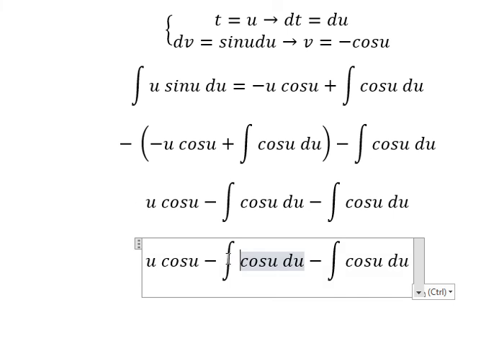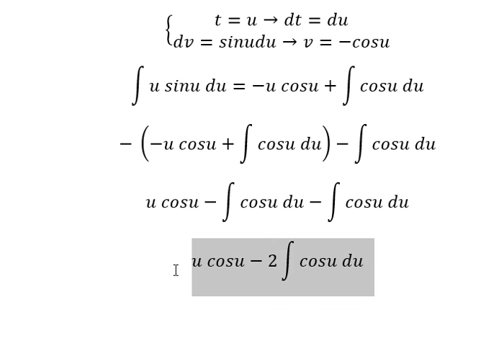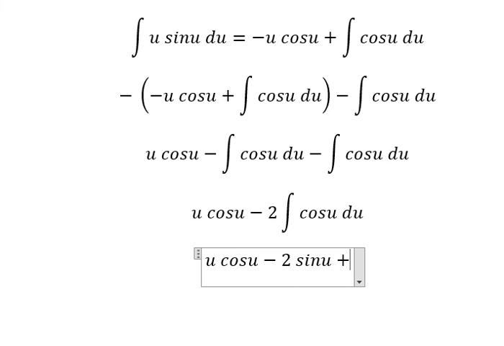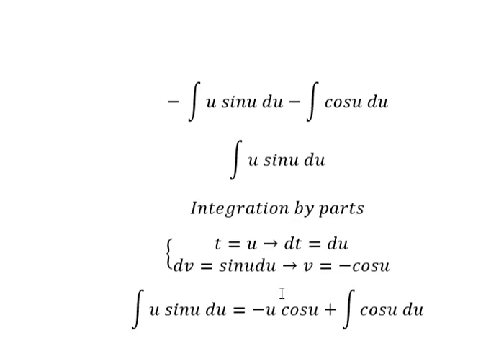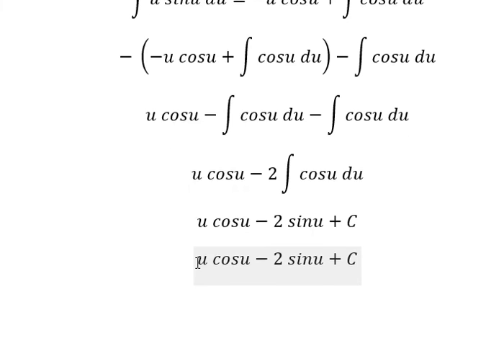So we have negative 2 with the integration of cosine u. So this one we have sine u, and I will put c. About u, that is e to the power of negative s.